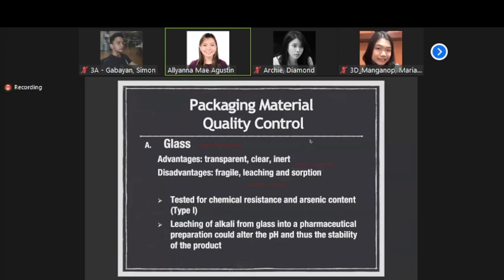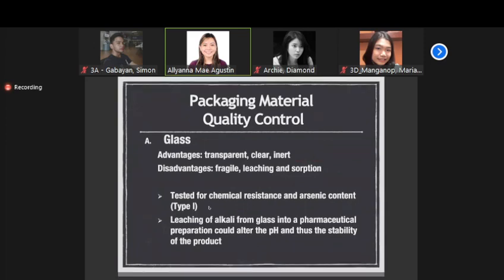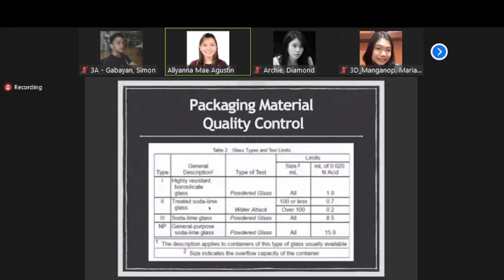Okay, so for type 1, we check for chemical resistance, arsenic content, and leaching. Again, the alkali from the glass, the basic portion, could alter the stability of the product, because it can become unstable due to different pH. So you have your types 1, 2, 3, and 4.